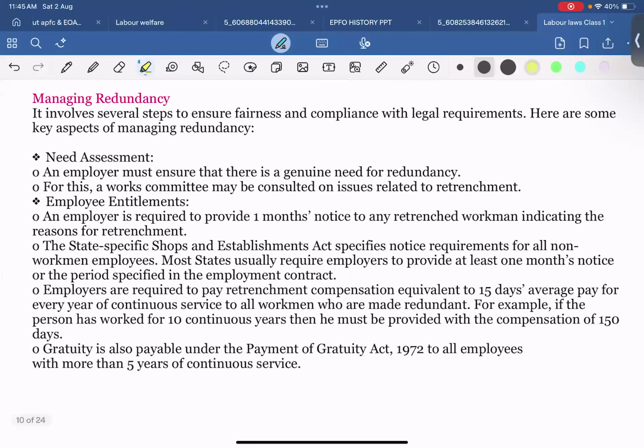Understand one thing. The example of redundancy. Suppose there are four guarding personnel guarding a building. Now what happens? The company owner puts four CCTV cameras on the boundary. So what will happen here?